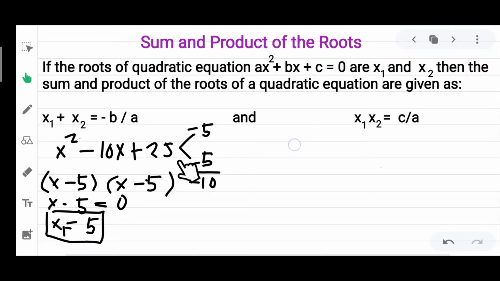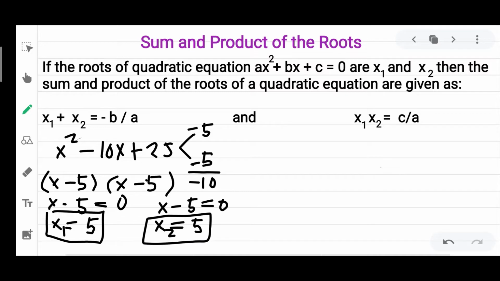Okay, so hanapin naman natin yung pangalawang root. So, gagamitin natin yung pangalawang factor. So, we have x minus 5 equals 0. Then, x equals, pag tinranspose natin si negative 5, magiging positive 5. And this is our second root.